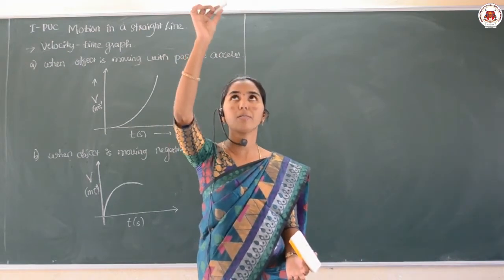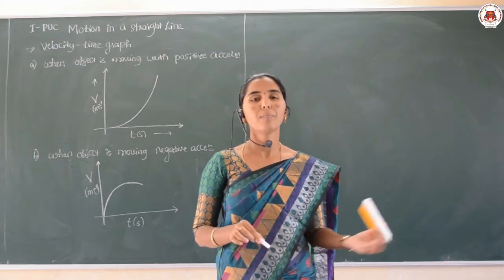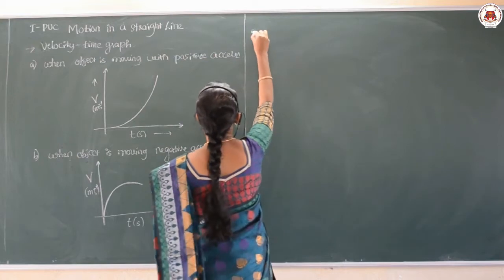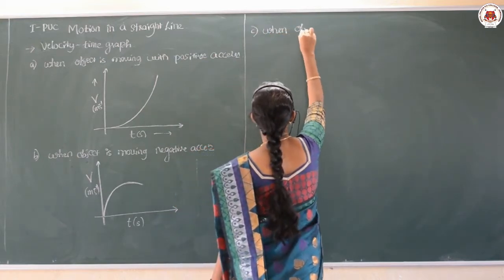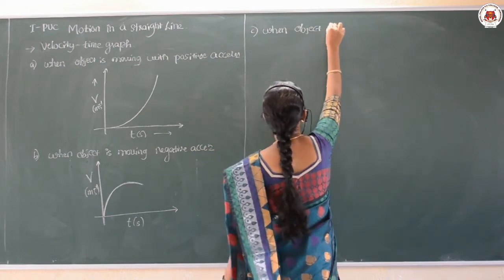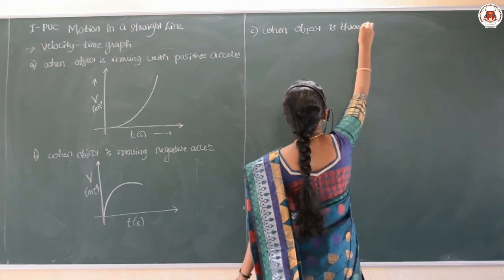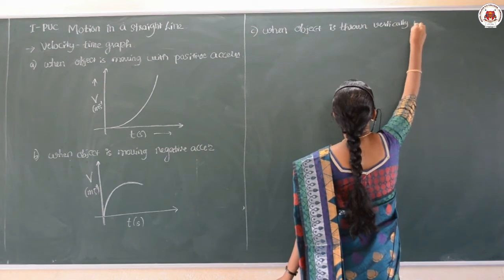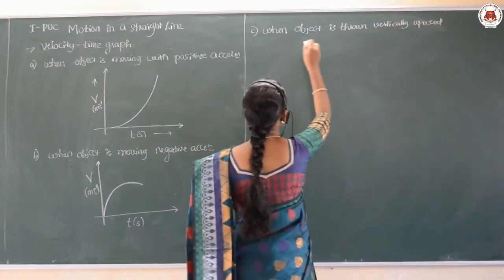Then if the same body returns back to the same initial point, the velocity time graph when an object is thrown vertically upward can be represented like this.